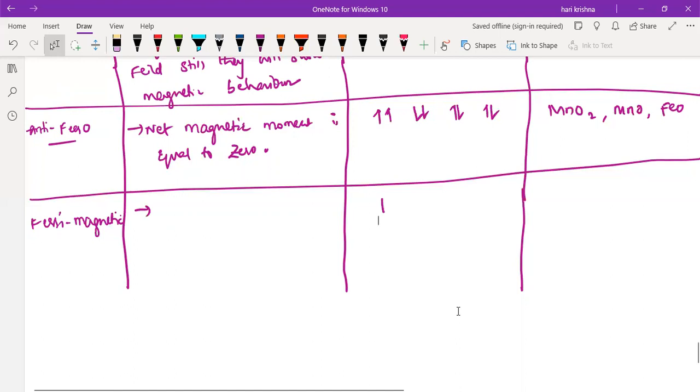In the case of ferri, whatever spins are there, they are not equal. So one will be up, now both will be down. Again, one will be up, now both will be down, like this. So an unequal number of spins will be there, so that the magnetic moment is not equal to 0.